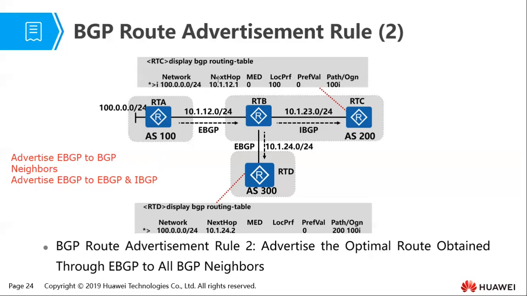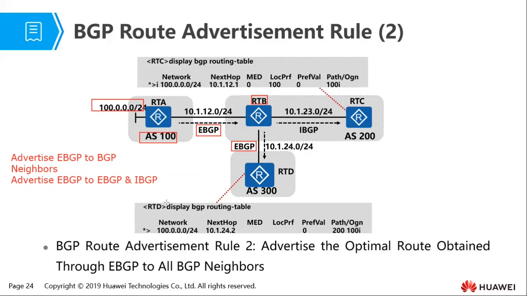So let's look at this example. We have a network here, 100.0.0.0 connected to RTA, which is in AS100. So RTA will advertise it to RTB via EBGP. Now, RTB will advertise it to RTD using EBGP.